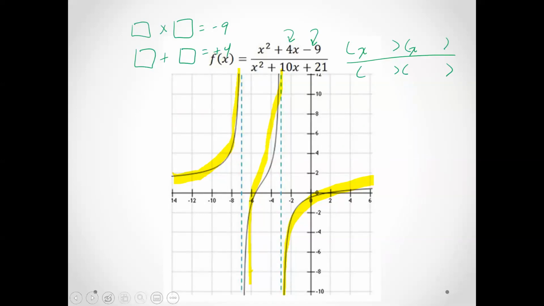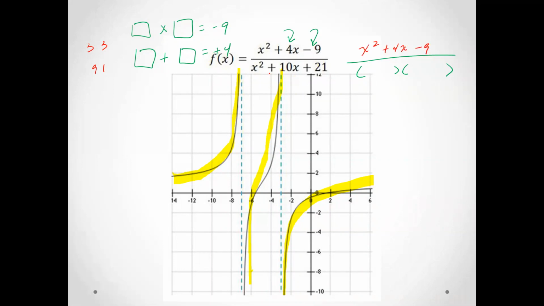Going back to Algebra 1, I can think about maybe 3 times 3, or 9 times 1, but neither of those gives me a positive 4. So I know that I cannot factor the numerator without using the quadratic formula, which will give me a bunch of decimals. So I'm just going to keep it as is.